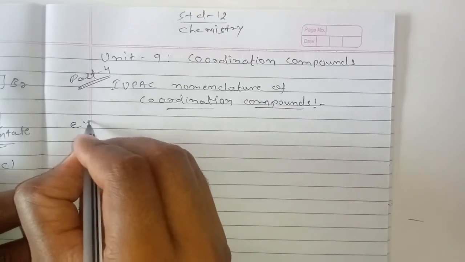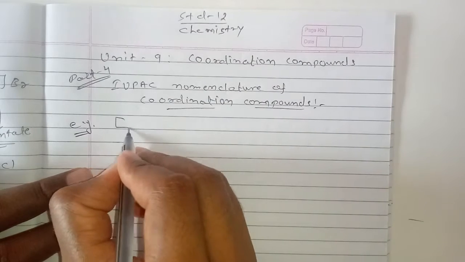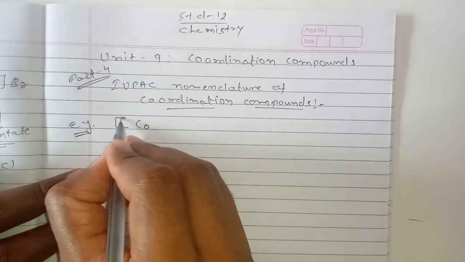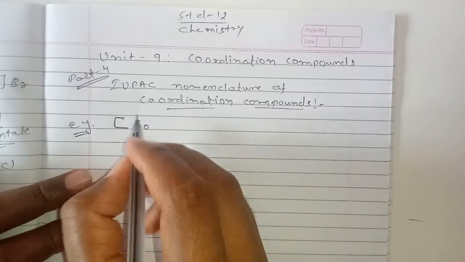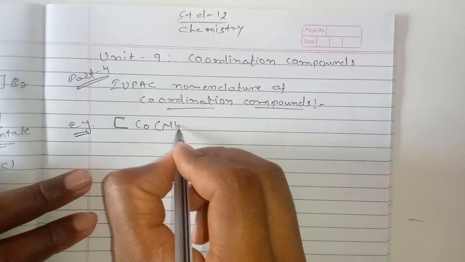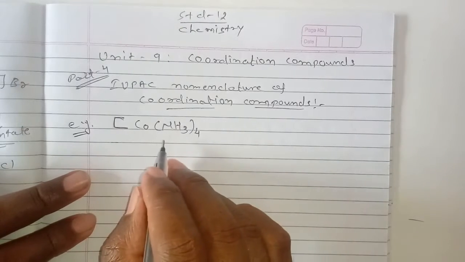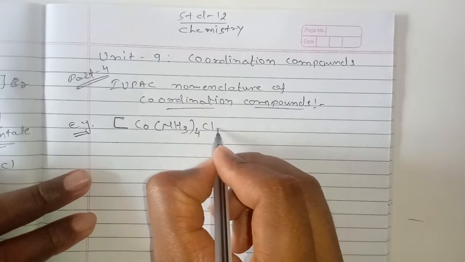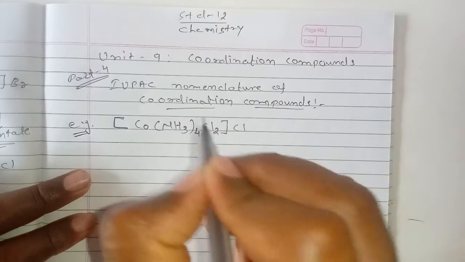Here, the basic concept. For example, the central metal atom is written in square brackets, and after that comes the ligand. For example, [Co(NH3)4Cl2]Cl, the square bracket is over, and then Cl.